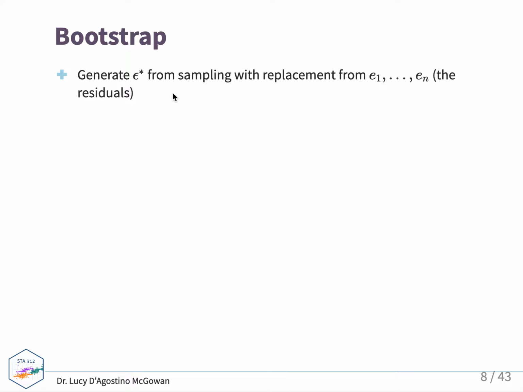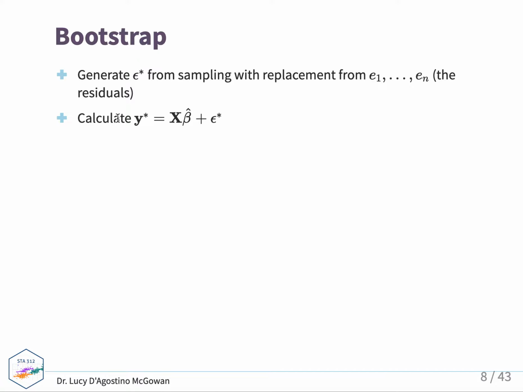Well, in the bootstrap, we're going to generate these E stars, or these errors, by sampling with replacement from the residuals, from the observed residuals in our data set, E1 to En. And then we're going to calculate Y star equals X beta hat plus epsilon star.